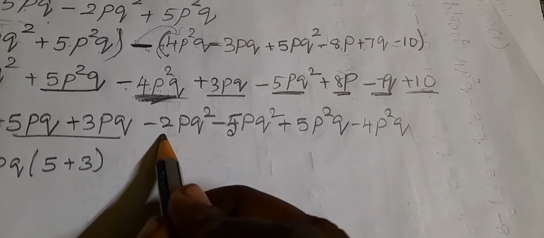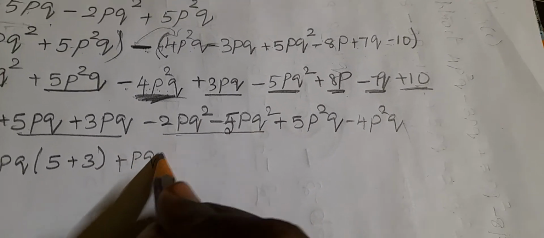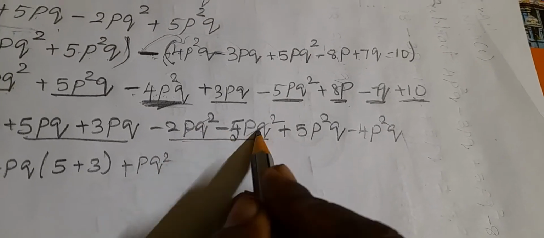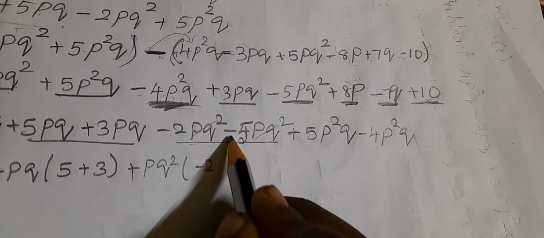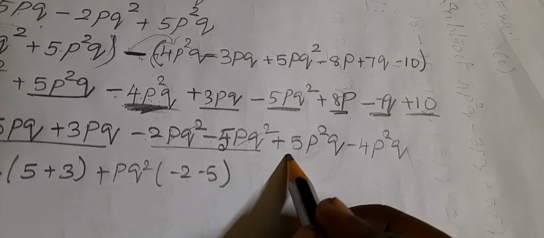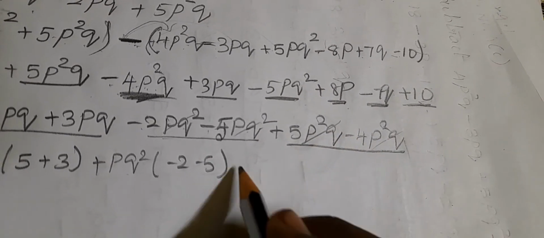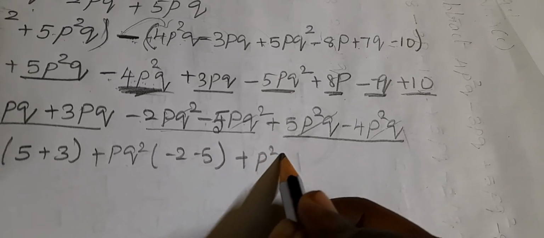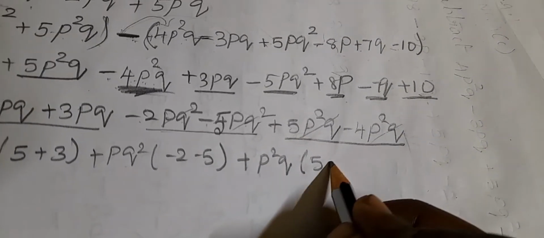Next we will take the pq square term, plus pq square. See, pq square is common. Then the numbers are minus 2 minus 5. Next the p square q term. Here p square q is common. So plus p square q. Then within the bracket 5 minus 4.